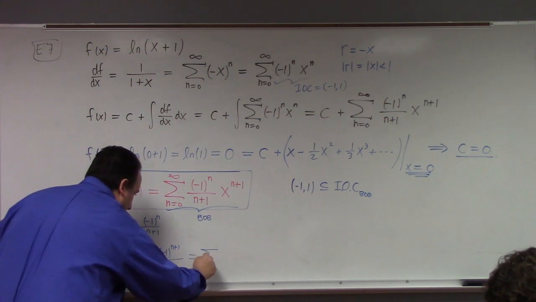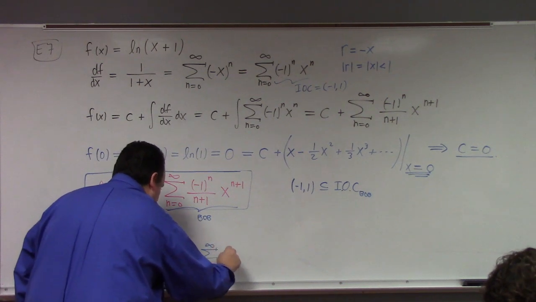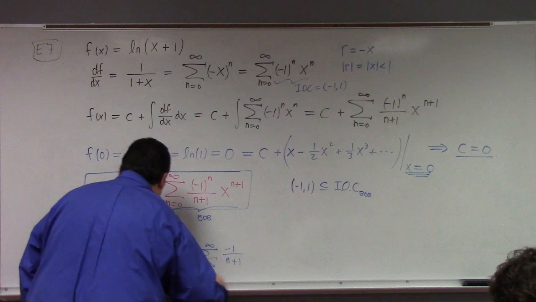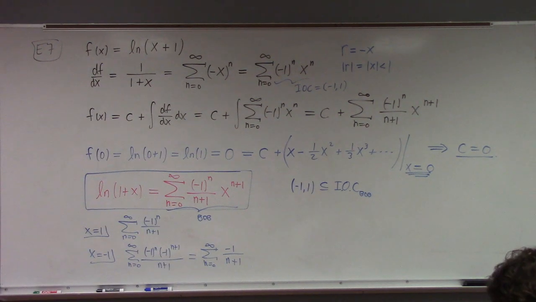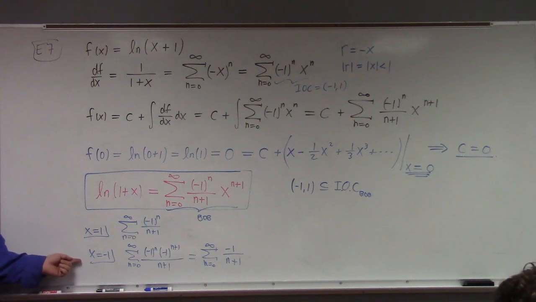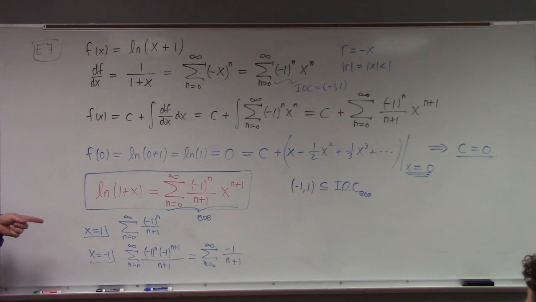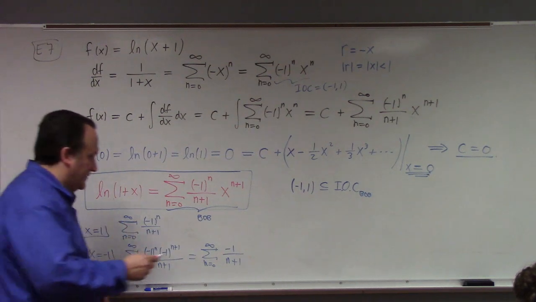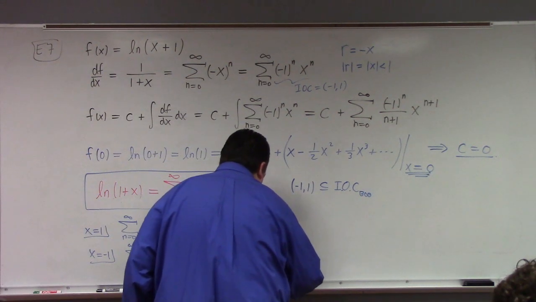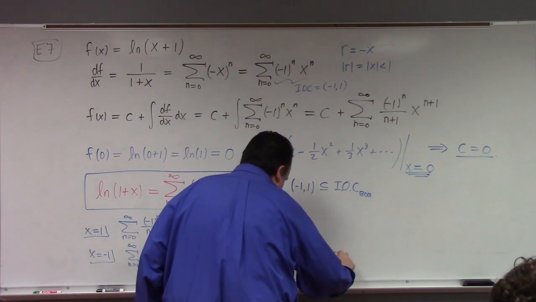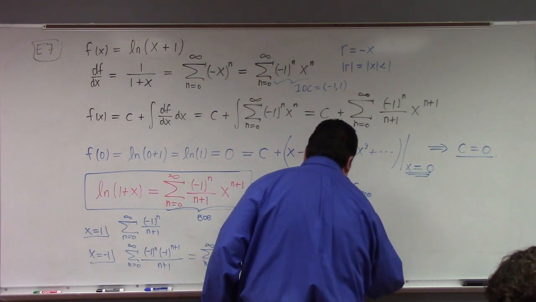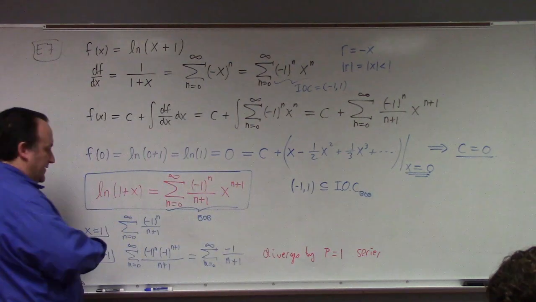What is that one? So what happened? Well, the x equals minus 1, that's out. Because we're looking at what? Minus the p equals 1 series. This diverges. So it diverges by p equals 1. How about x equals to 1, though?